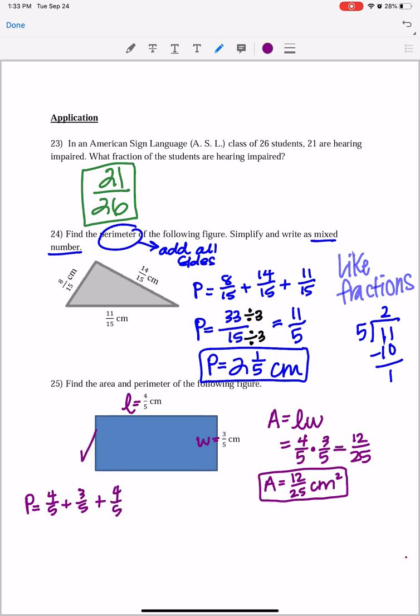And this one over here is another 3/5. Again, they're nice to us because these are all like fractions. Why are they like fractions? Because these all have the same denominator. When we're adding, you keep the same denominator, so it's going to stay over 5, and then add the top here. So 4 plus 3 is 7, plus 4 is 11, plus 4 is 14.